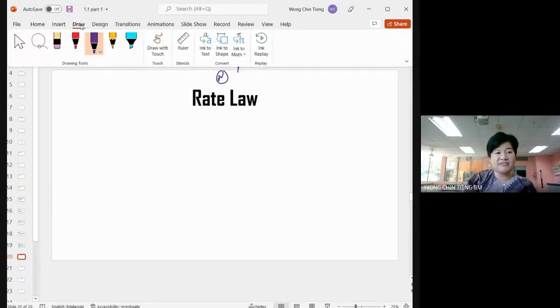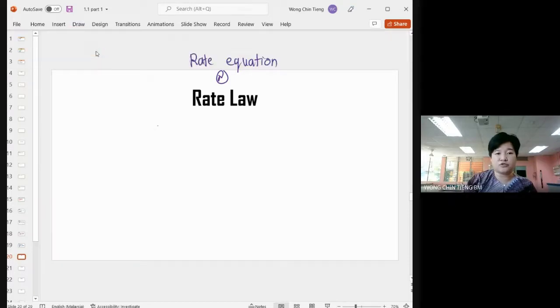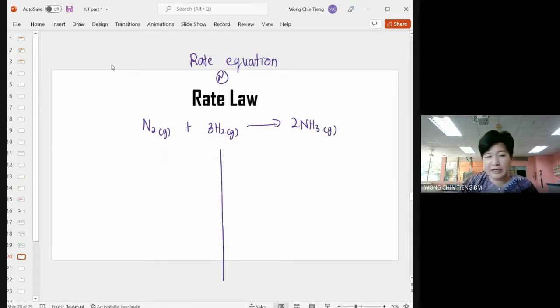I'm giving you a very simple example, let us try straight away with ammonia. We usually do ammonia. This is the formation of ammonia. Let's say I have a formation of ammonia over here, and then I form my ammonia. And for this one, I want to write both. If I am writing my differential rate equation, which we just learned and just finished discussing, for this one, how do I write?